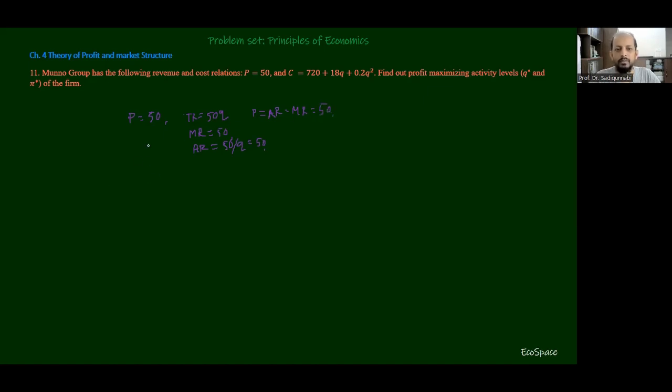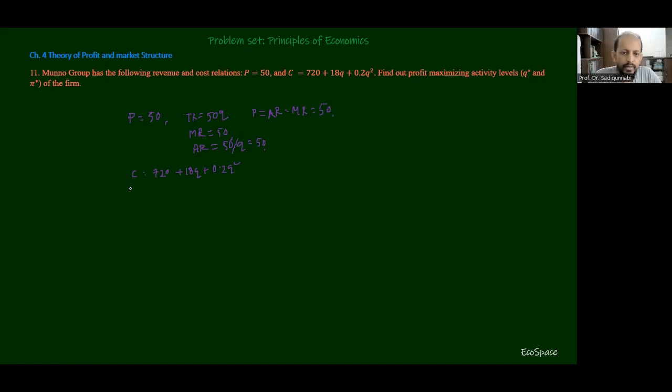So it is nothing but the problem of a perfectly competitive market. Okay. And our cost function TC is 720 plus 18Q plus 0.2Q squared. This is our total cost curve.